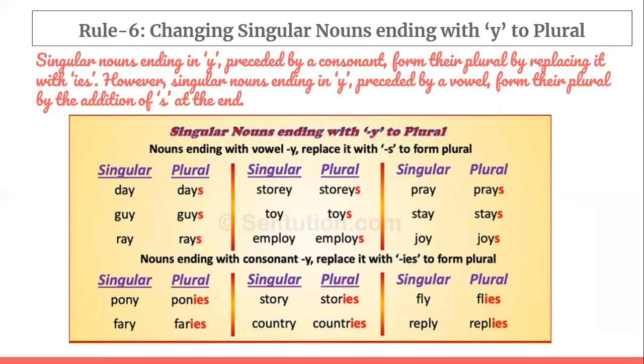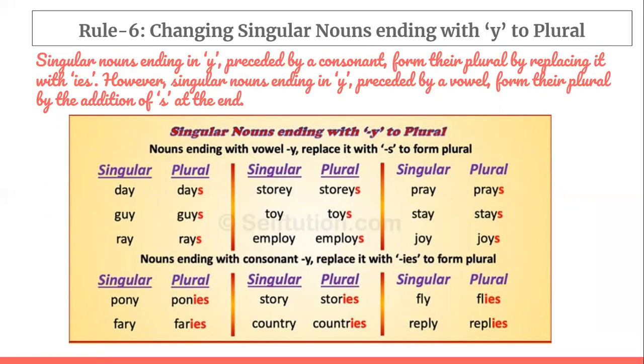Fairy, fai should be there. This is a spelling mistake. Fairy. Now r is not a vowel, n is not a vowel, l is not a vowel. In this case we are going to replace the y with ies.